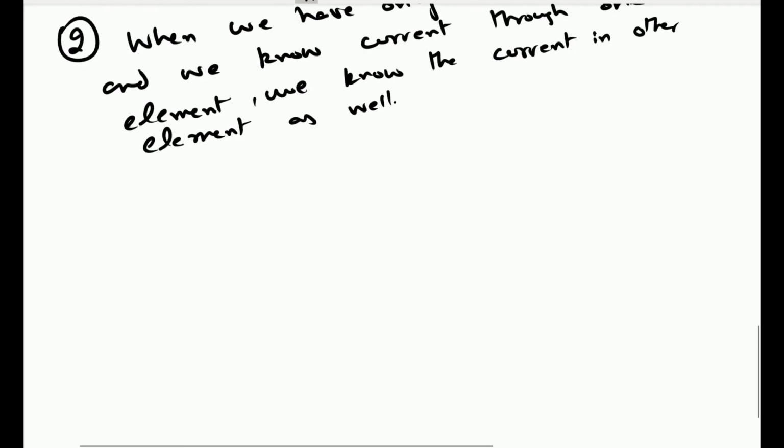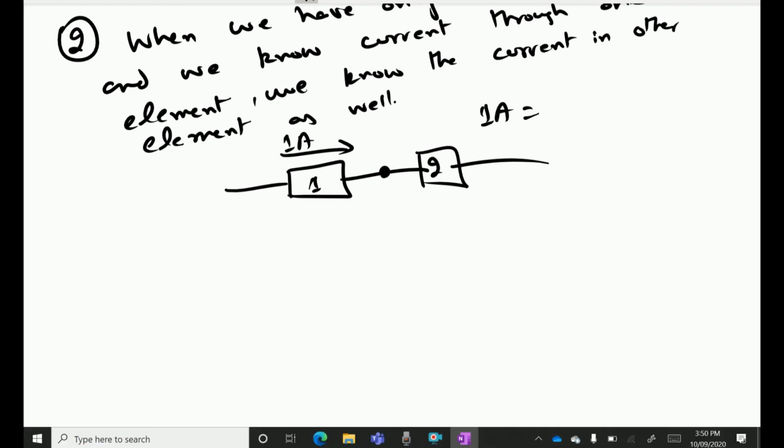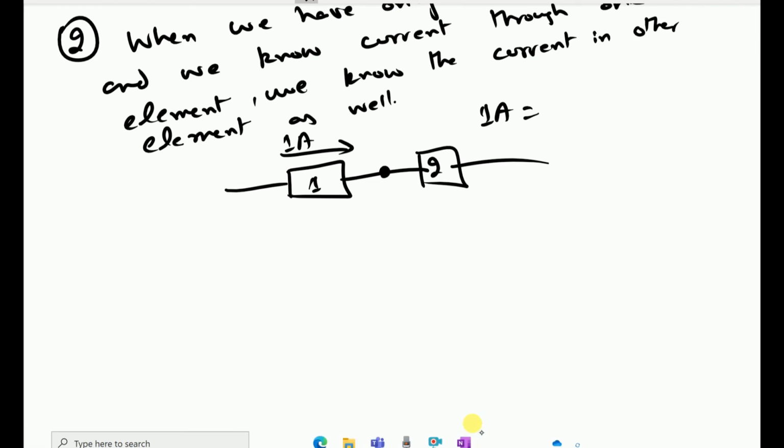So if we have two elements here, if you know that there is 1 ampere current flowing through this element number 1, then it is imperative that this same current will flow through this element number 2, because if you apply the Kirchhoff's current law here at this particular node, then this 1 ampere current is entering the node and hence it should actually leave the node. So this is equal to minus 1 ampere, so that is equal to 1 ampere.